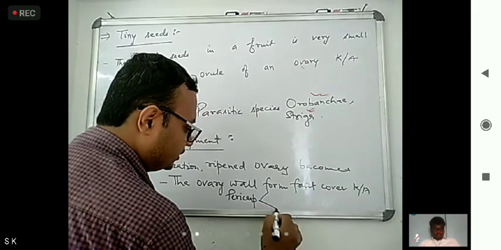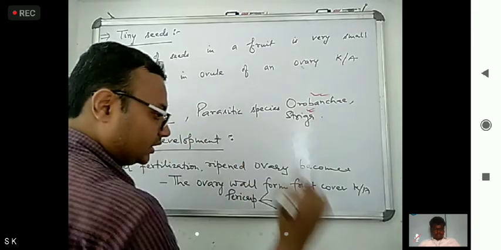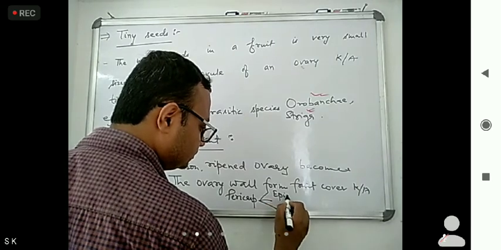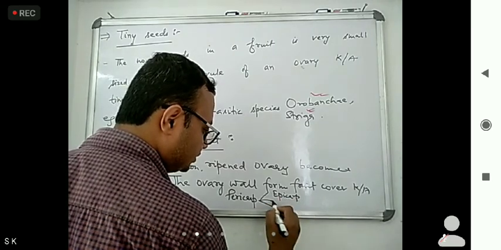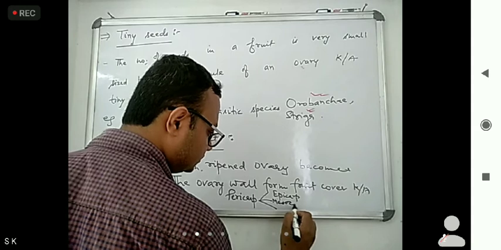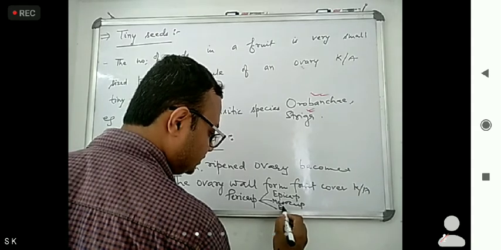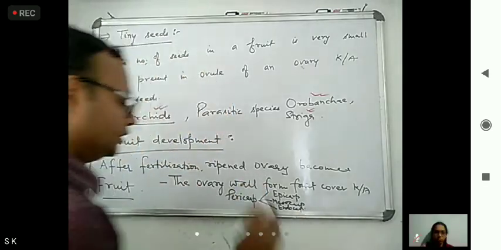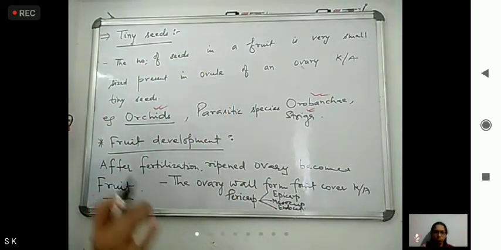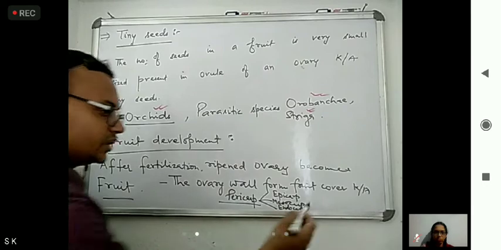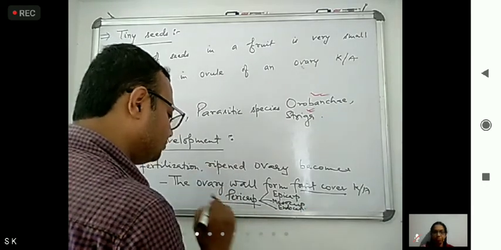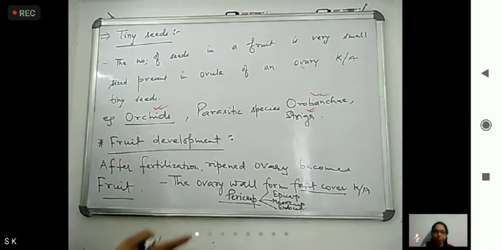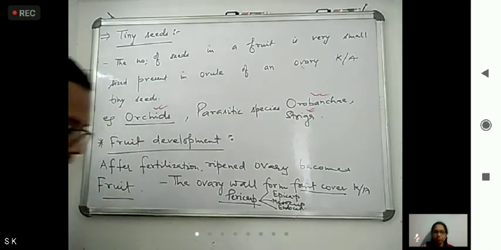And this has three constituents: one is epicarp, one is mesocarp, and one is endocarp. So three are there, epicarp, mesocarp, and endocarp, forming the fruit covering, pericarp. Ovary wall forms pericarp, and ripened ovary becomes fruit.